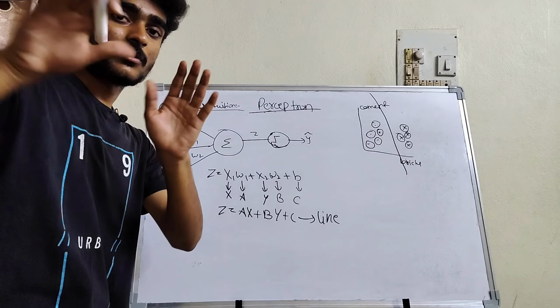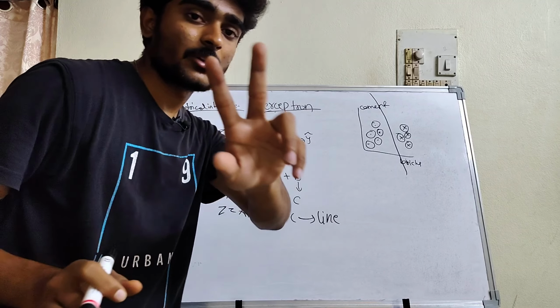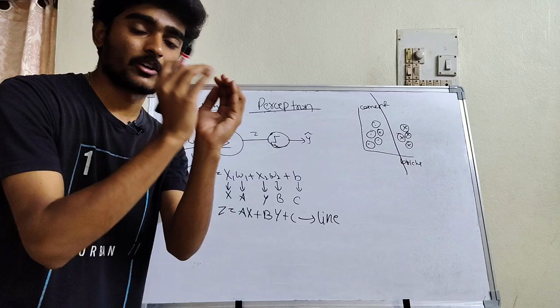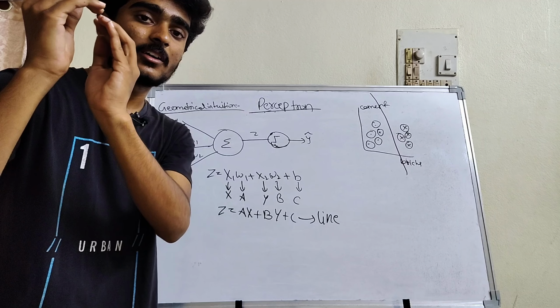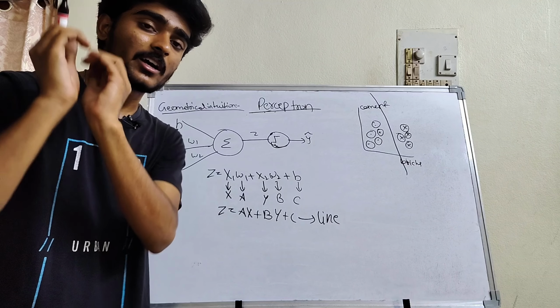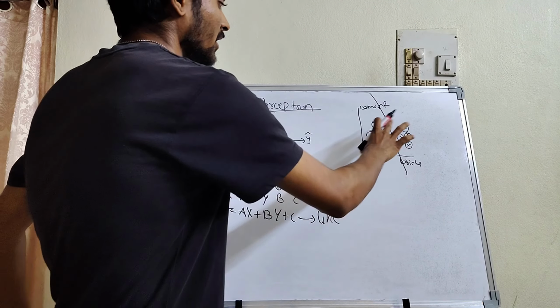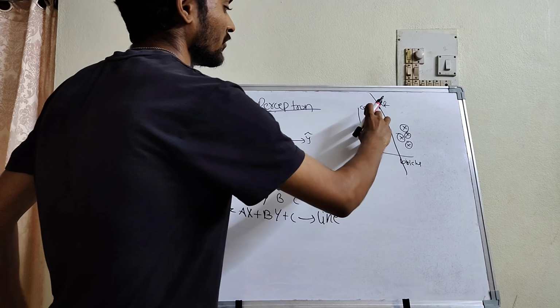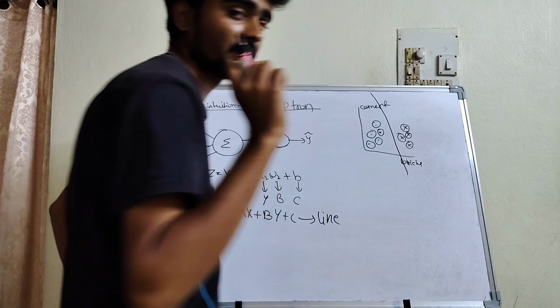Similar kind of data is plotted in one region, and another kind of similar data is plotted in another region. Data is plotted in two regions. This is the weaker houses region. This is the stronger houses region.